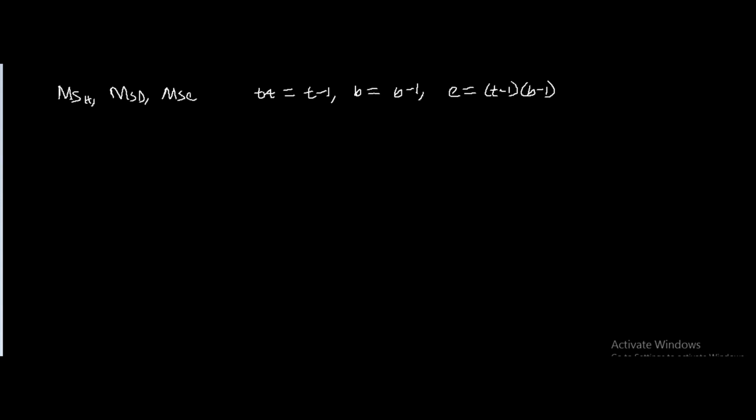And our degree of freedom for total is given as BT minus 1. So that's our degree of freedom for total.